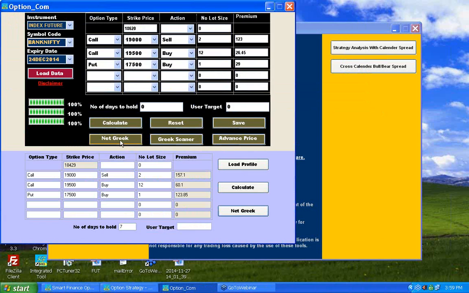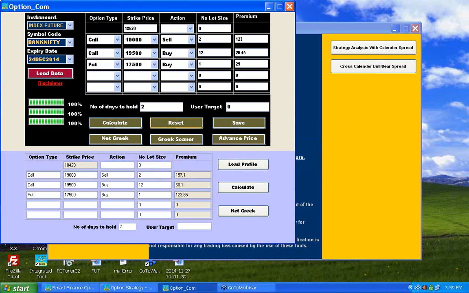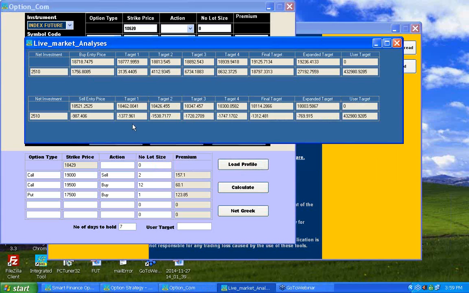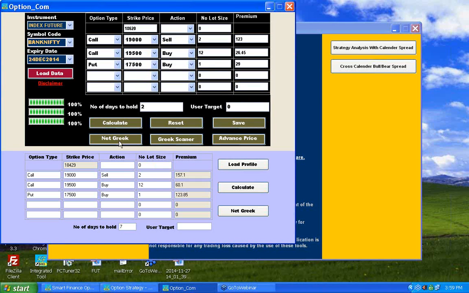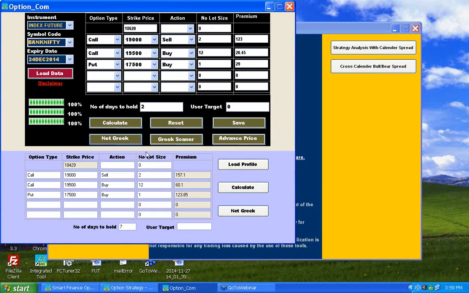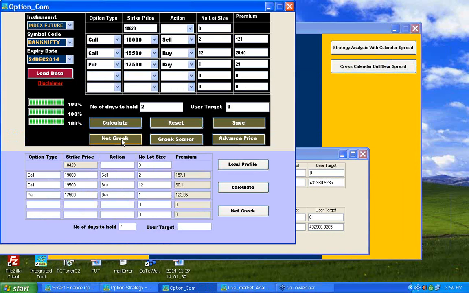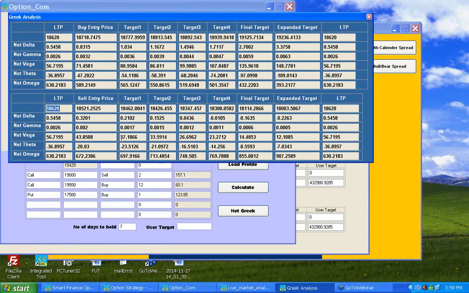If I am going for net Greek analysis, I'll go for calculate number of days. Now I'll have 2 days. I'll calculate. The profit and loss is not much important for me, so I'm going for a net Greek analysis here.